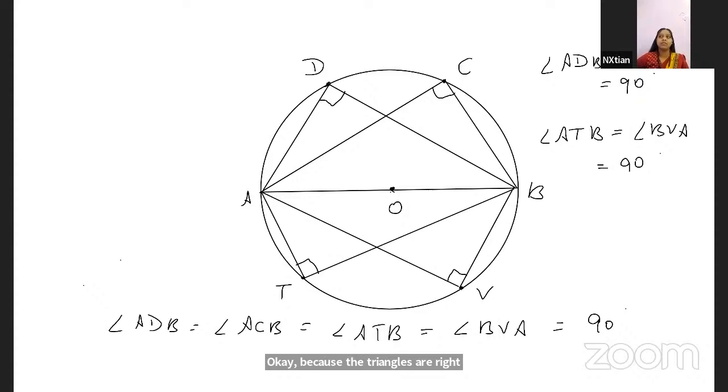Even if it's a small circle or a big circle, the angles will be 90 degrees, because right angle triangles will be forming in the semicircles. It's fixed, 90 degrees fixed.